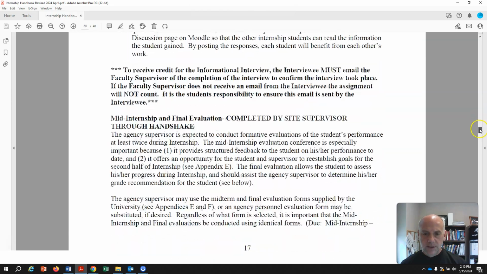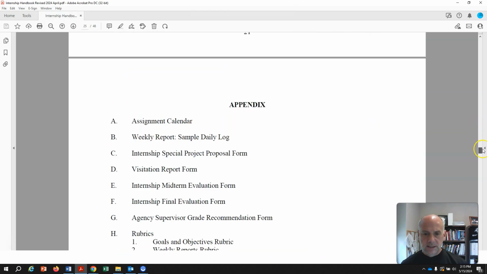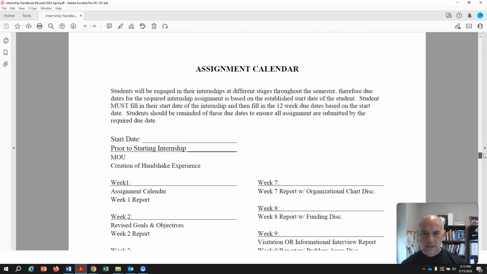I'll jump ahead here so you can see it in the appendix section. This is what the assignment calendar looks like. It's on Moodle. You can just download it. And really, the only thing you have to do, it's not tricky, is put when you start your internship. Week 1 is, if I started this week and Monday was May 13th, my start date would be May 13th.